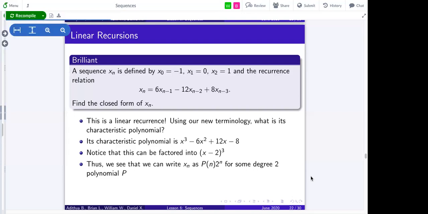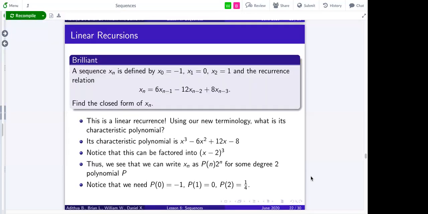So we can find that p of 0 is -1, p of 1 is 0, and p of 2 is 1/4. And so now all we're left with is that we're given that it's a degree 2 polynomial that passes through these 3 points essentially.